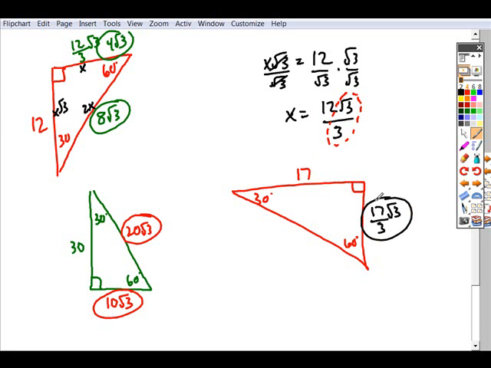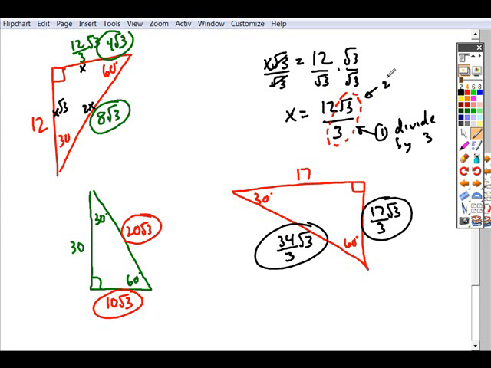It's still an easy solution because it fits the same pattern. Divide by 3, multiply by root 3, and then just double this. When we double 17, we get 34 over 3 times root 3. So it still fits the pattern. It's still an easy calculation as long as you understand, just like with the other, you're going to first divide by 3, and then second, you'll multiply by root 3.